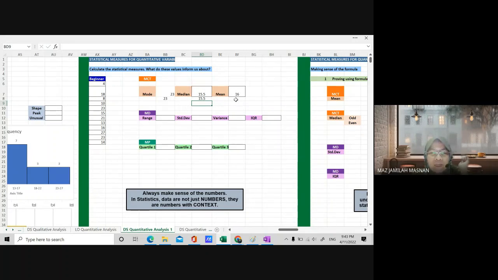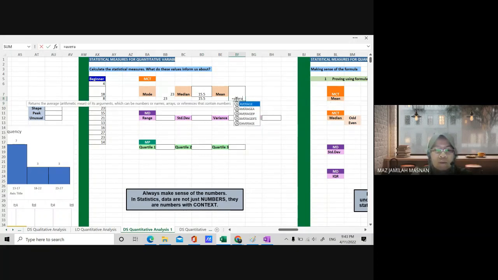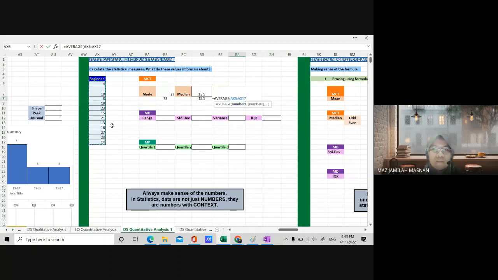And for the average, you use the AVERAGE function. Double click AVERAGE and then enter. You get 16. Now you have got your mean, mode, and median. Finished with the measures of central tendency for the ungrouped data.